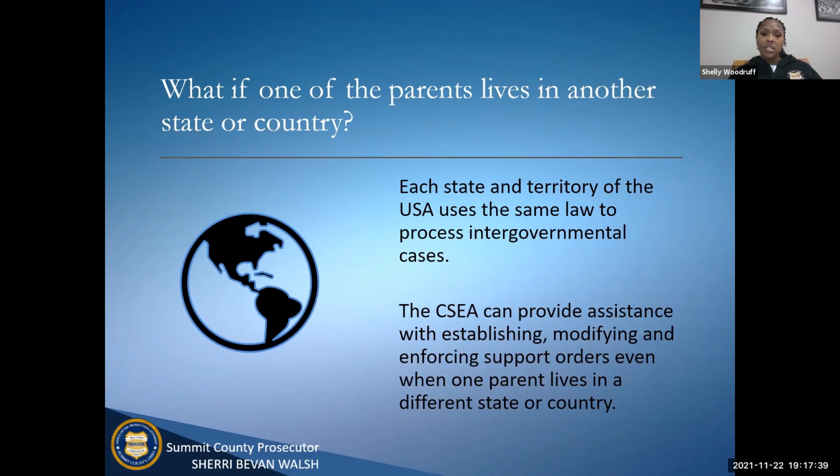If the child was conceived in Ohio and born in Ohio, then Ohio is the state that's going to pursue the other state. So we're going to be the initiating state, because we would have jurisdiction over that child. If the child was conceived here, then we can set that support order because he's been here in the state of Ohio.